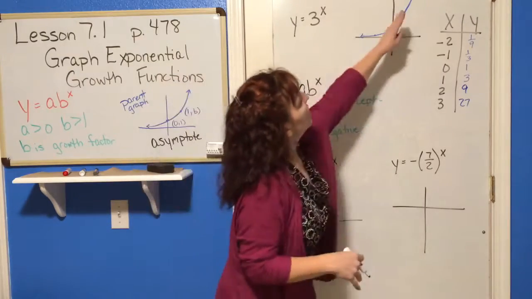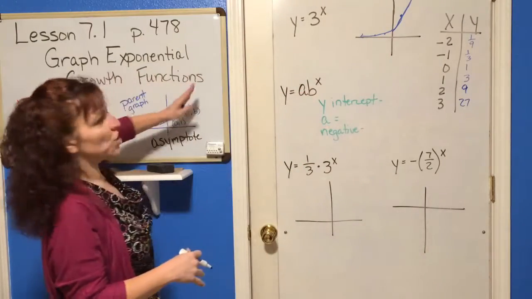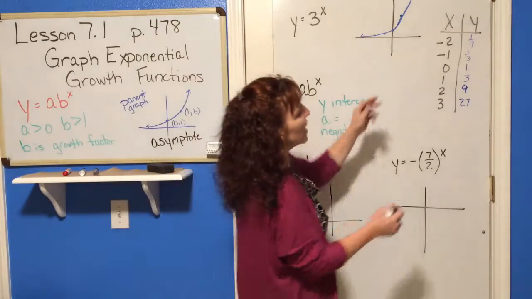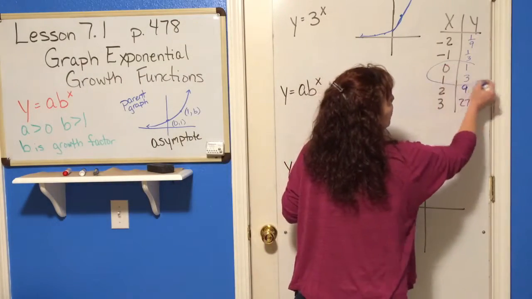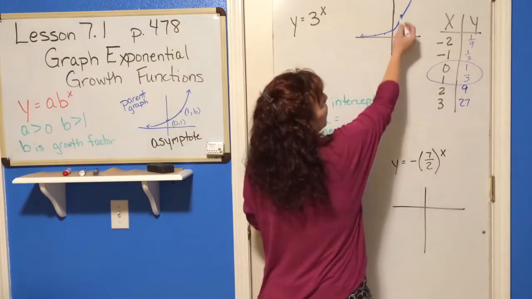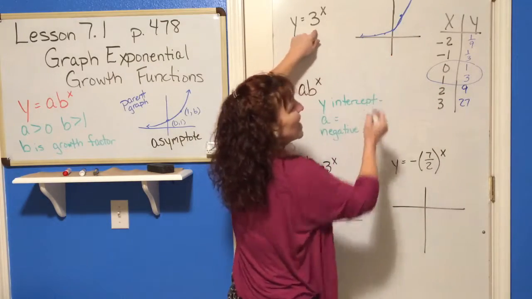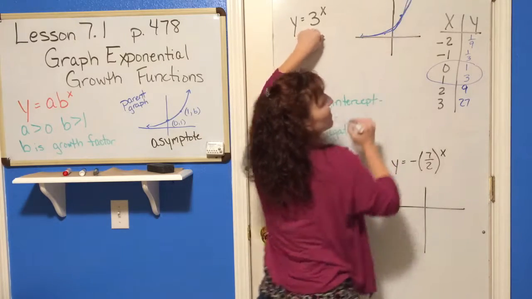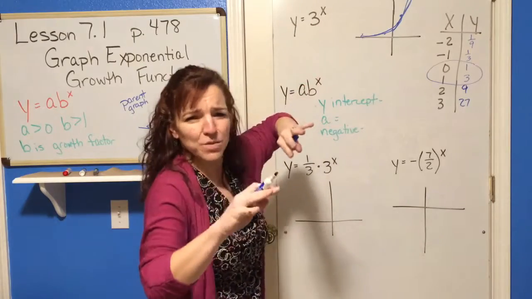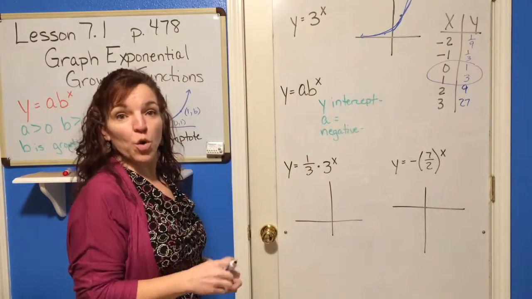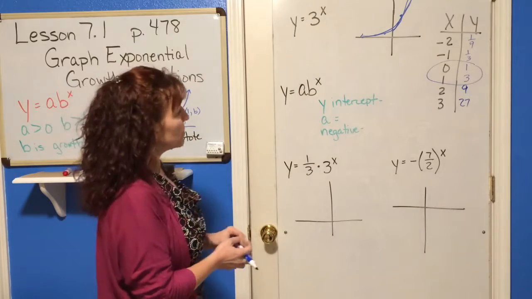So that's where this curve, this shape comes from. So now all you'll need to do is graph these 2 points, the 0, 1, which is an easy one to find, and the 1, b, or the 1, 3 in this case, and then make a lovely smooth curve. Make it smoother than mine. All right, that will give you your exponential growth graph.